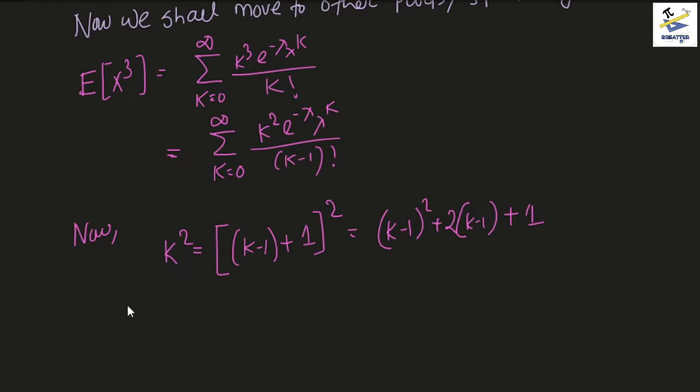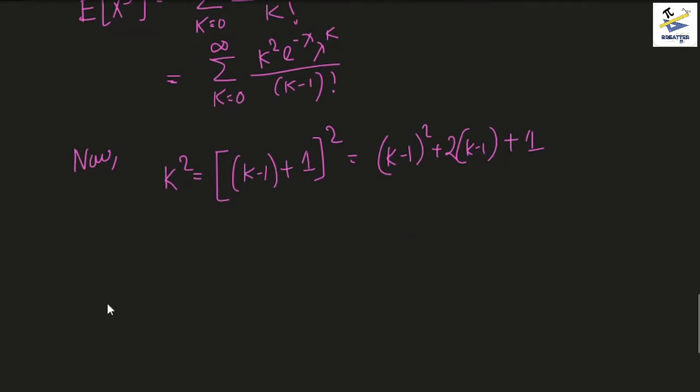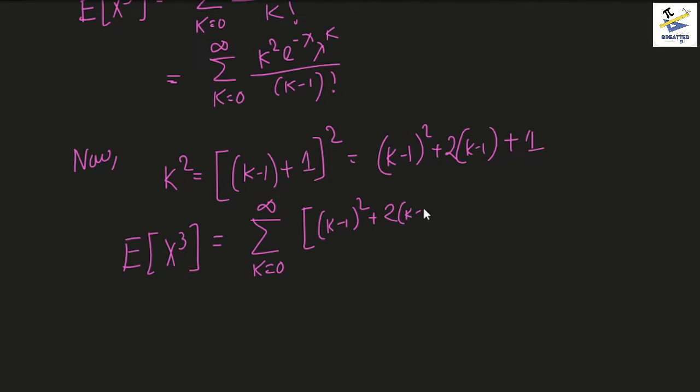So we use this to write E of x cube equals summation k equals 0 to infinity, and we write it here k minus 1 whole squared plus 2 into k minus 1 plus 1, e to the power minus lambda, lambda to the power k, whole divided by k factorial.